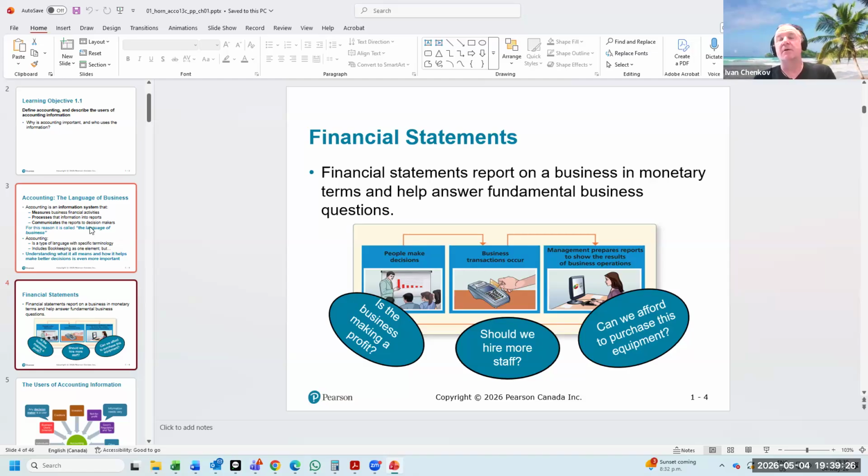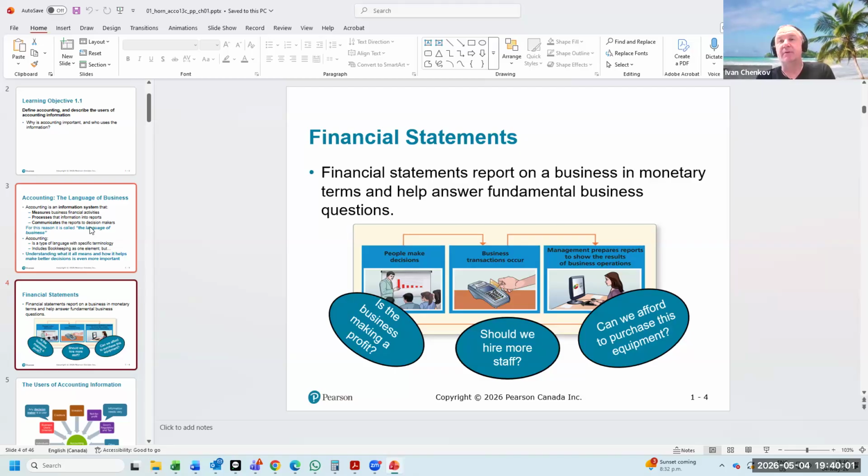The company that is making $100,000, their revenue is $110,000, and the expenses are $10,000. Now, which one is more profitable? So this is the thing that we're going to make that decision on, but in order to make the decision, we have to see the specific report which helps us to answer those fundamental questions.